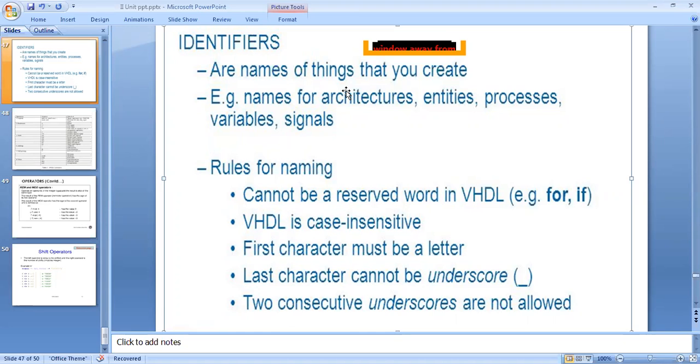So these are user-defined words. Identifiers are names of things that the user can create. Examples are names of architectures, entities, signals, variables, and process.